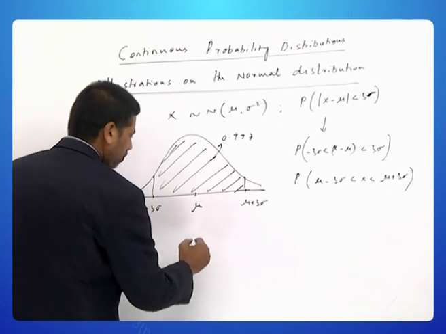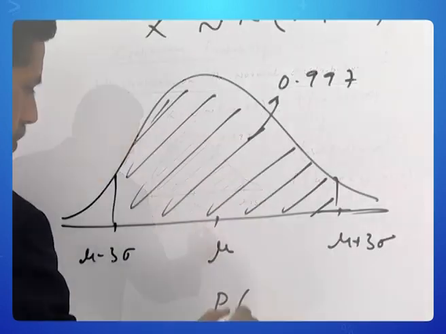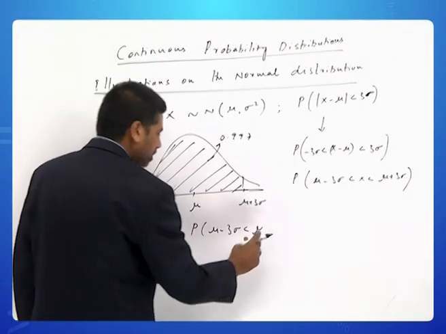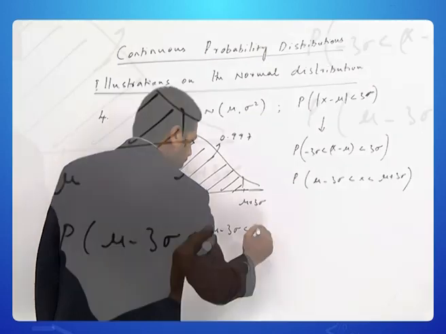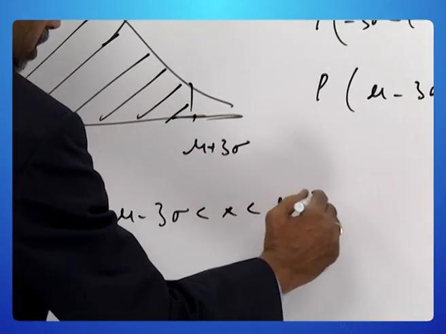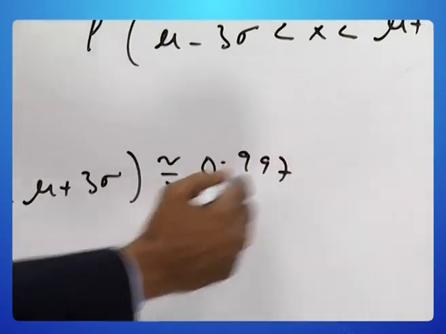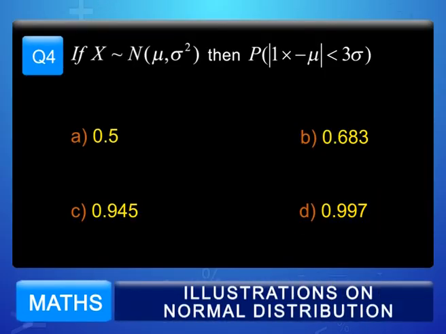So we can say probability mean minus 3 sigma less than x less than mean plus 3 sigma is approximately 0.997, which matches with option D.